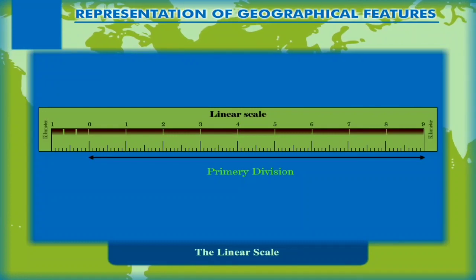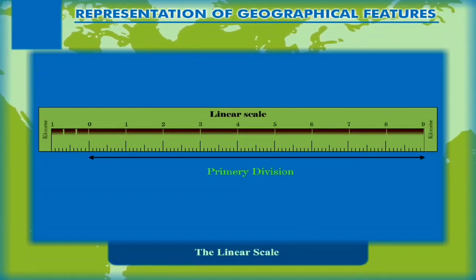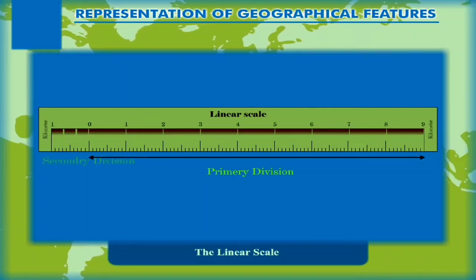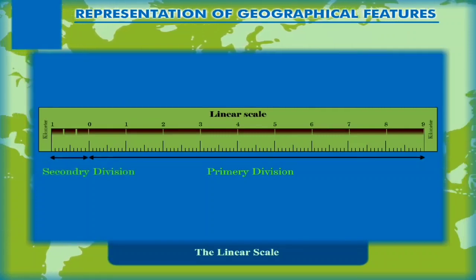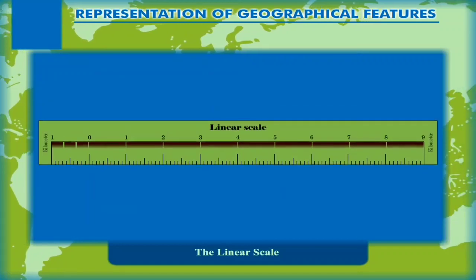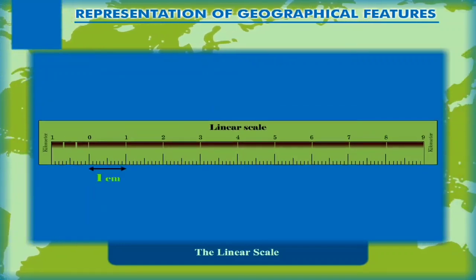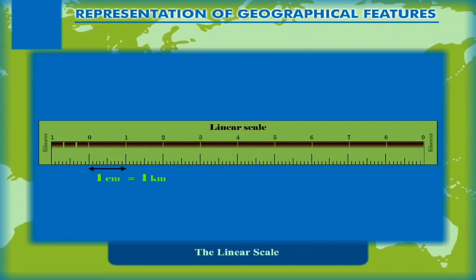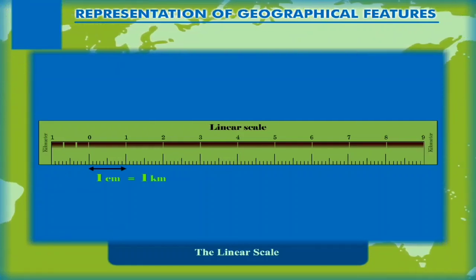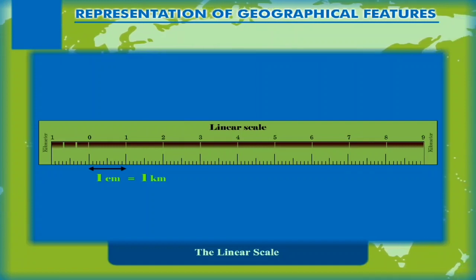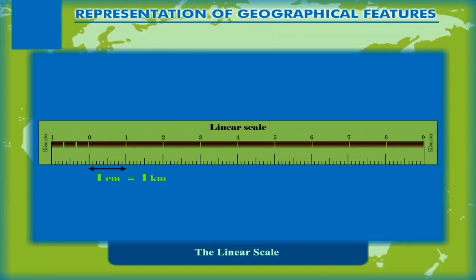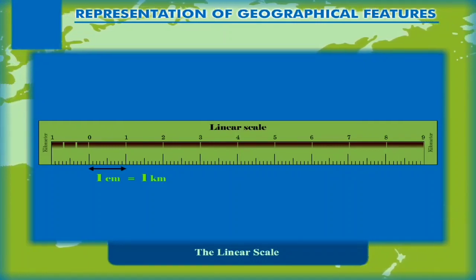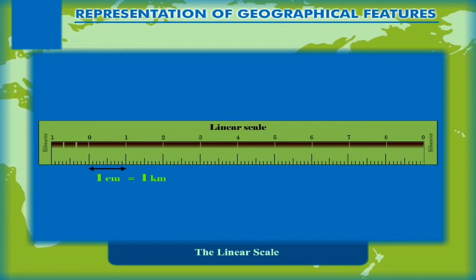The first primary division of the scale is further divided into small divisions or secondary divisions. The scale shows 1 centimeter is equal to 1 kilometer. The units of the primary and the secondary divisions may be the same or different, like kilometer and meter, etc.